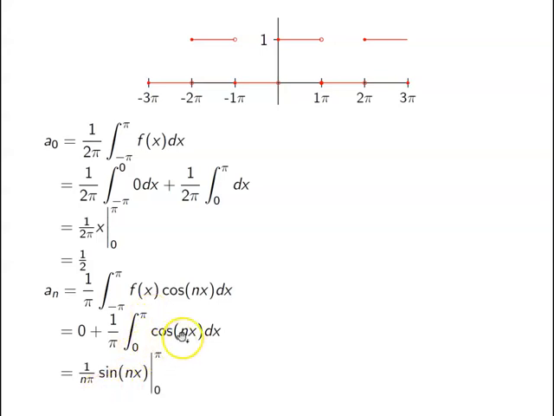So I take the integral of cosine and get 1 over n pi from a u substitution, sine of nx from 0 to pi, which gives me 0. If you're really familiar with your sines and cosines, you can use symmetry too. Cosine starts at 1, and when I get to pi, I'm at negative 1, so I have just as much area above as below, and it's easy to tell that that's 0.